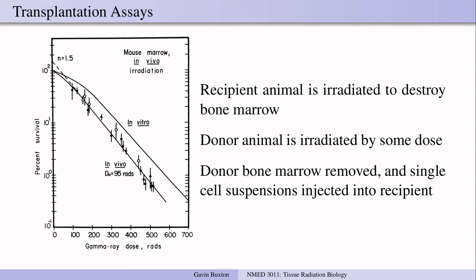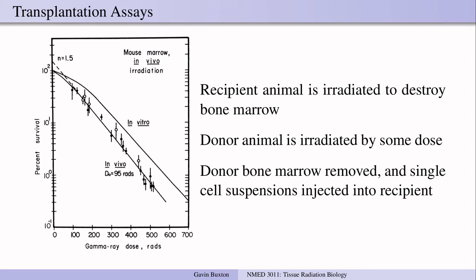And actually, the difference was heavily debated in the paper. They think it might be because the irradiated in vivo cells become more differentiated and lose their capacity to form a colony, or that the in vivo cells are more metabolically active, which means they undergo division more.